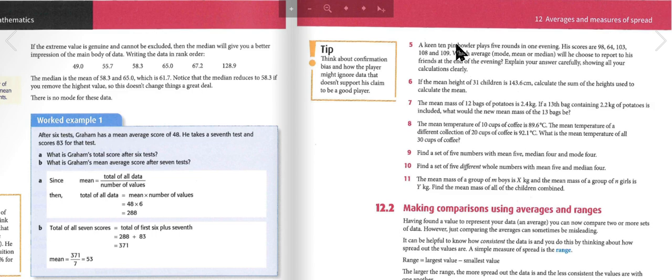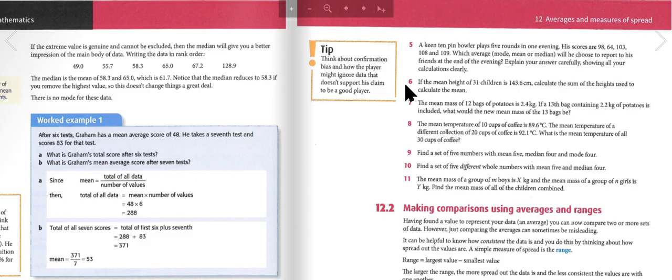So, there is no mode. The mean is 96.4, and the median is 103. So, I think that he would report the median to his friends, because it's the highest.